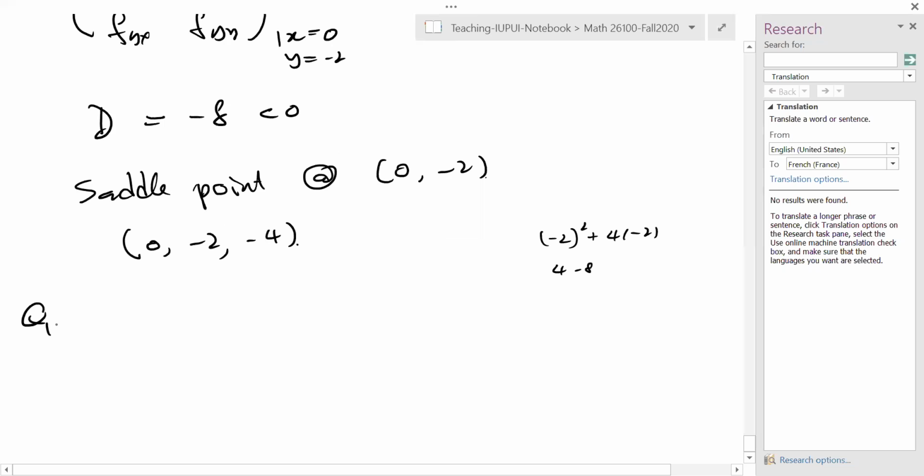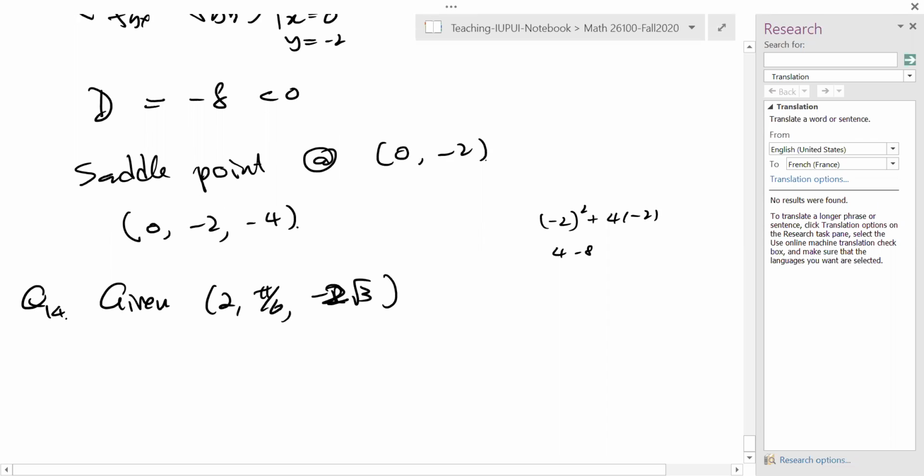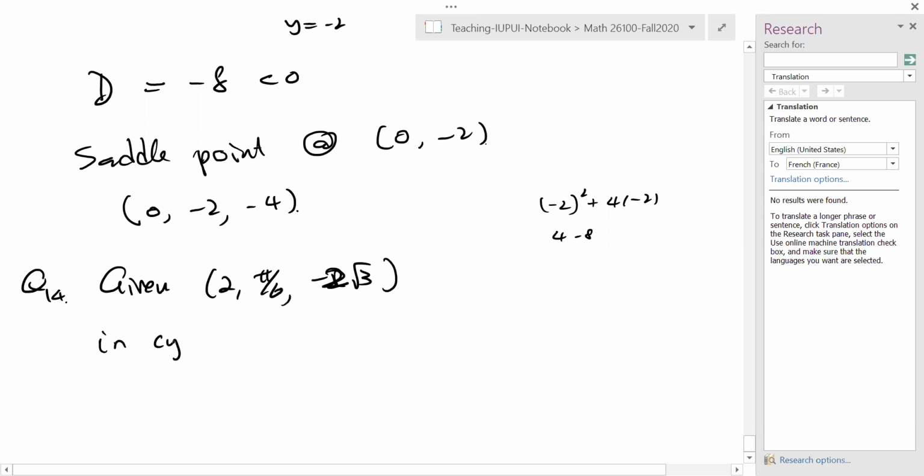All right. Almost the last problem, right? Given the point (2, pi over 6, -2 square root of 3). Yeah, this version of the final exam is very similar to the previous one, right?